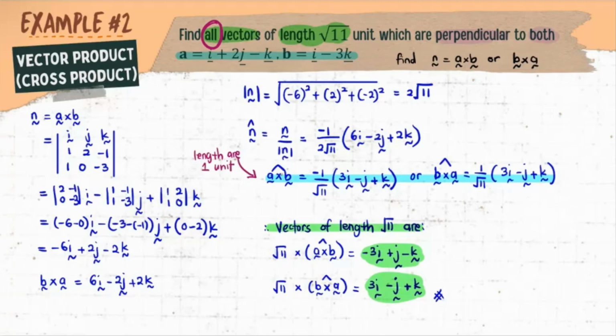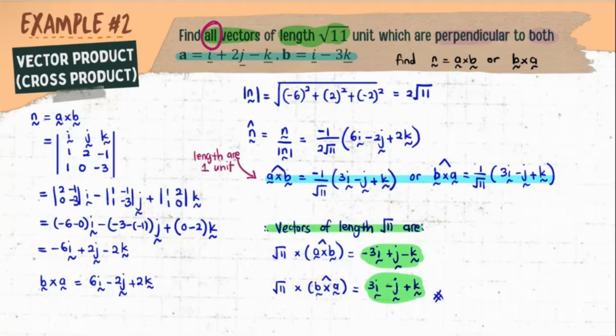Ya, Lorenzo. Jadi madam, kita tak perlu solvekan dia lah kan? Maksud saya square root of 11 tu tidak darab dengan yang 3i apa semua itu. Oh, dia sebenarnya dah darab, square root of 11 tak perlu darabkan dengan 3i. Okay, dia sebenarnya square root of 11 ni sudah didarabkan dengan ini.